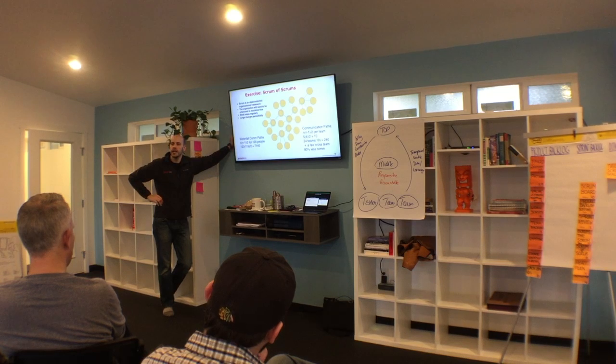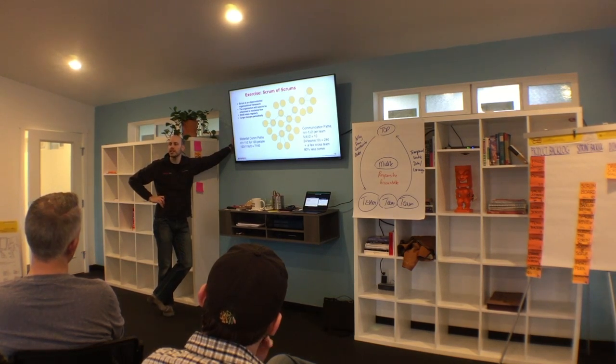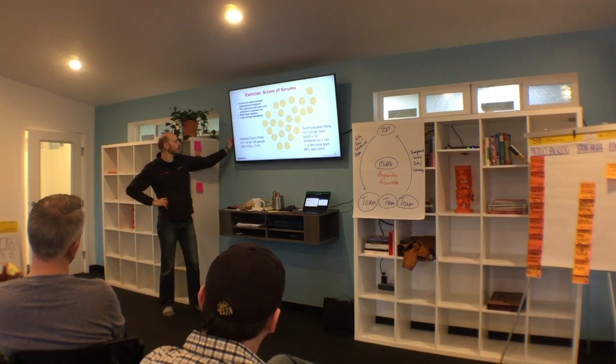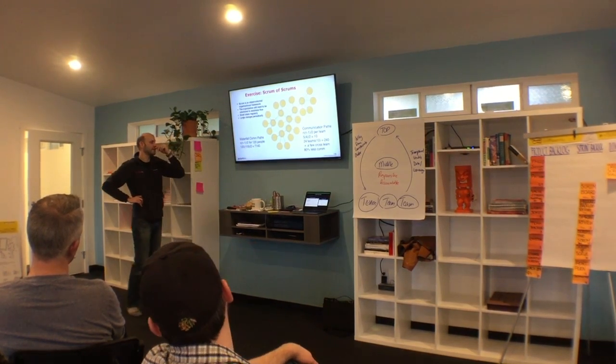In this way, Scrum of Scrums is modeled after how cells share nutrients. It is the most efficient model of communication we know. I'd like you to look at the area on the left.